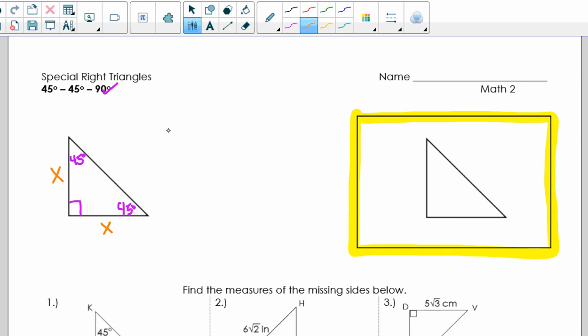Well, we're going to rely on the Pythagorean theorem, but I'm not going to do it with numbers. I'm going to use my variables. I am looking for this side right here, so if I set up the Pythagorean theorem, I would have x squared plus x squared for my a squared plus b squared for my legs equals whatever that side is squared.